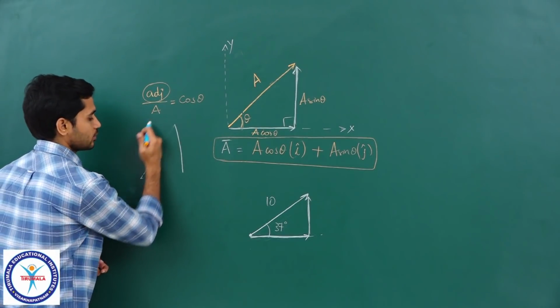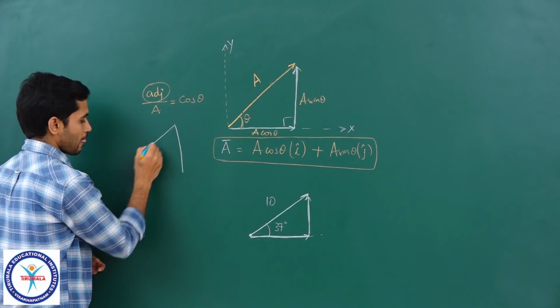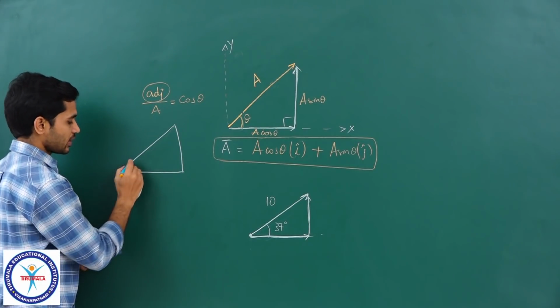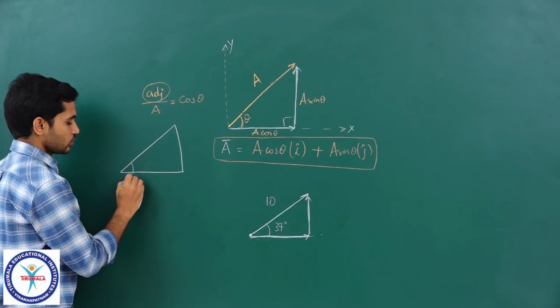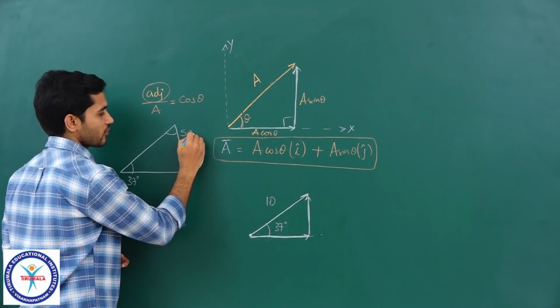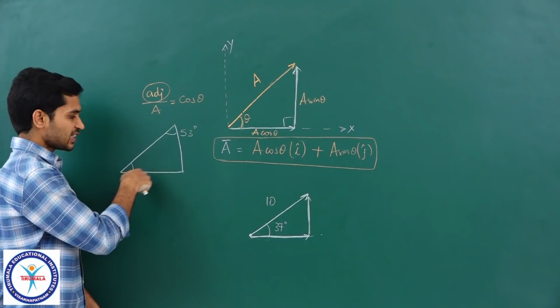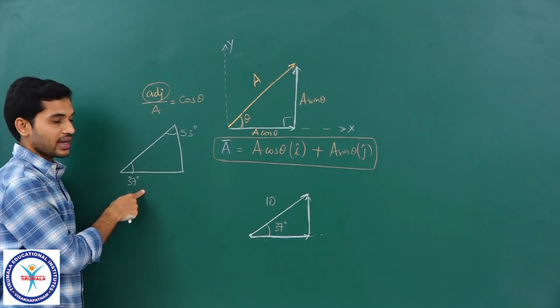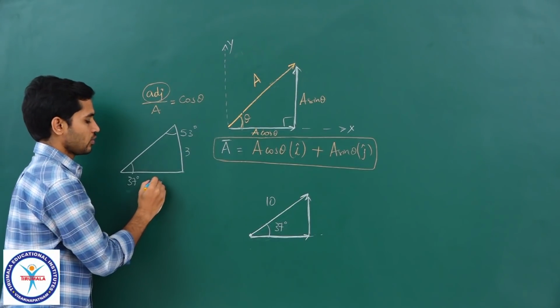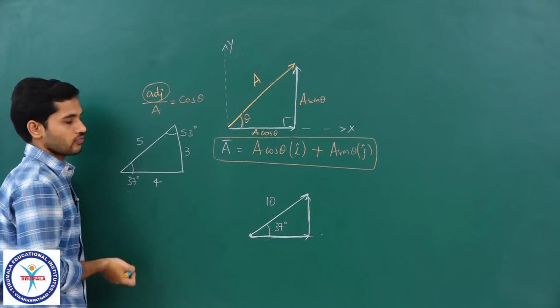So, let me draw that again. Let us consider a triangle like this, where the angle is 37. So, if this is 37 degrees, this will be 53 degrees, correct. This 37 degrees triangle will have the lengths in the ratio of 3, 4, 5, clear.